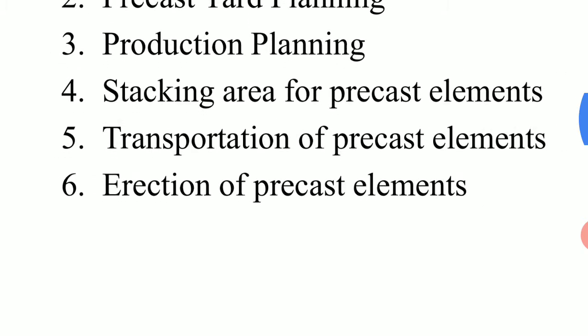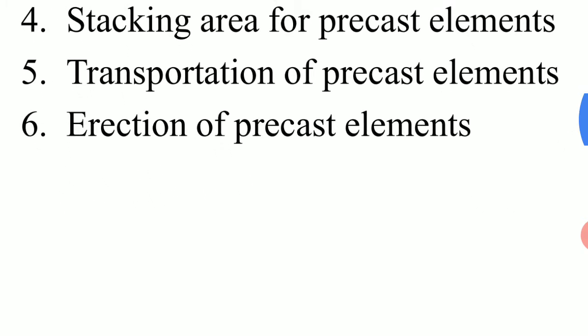And then the fourth parameter is the stacking area for precast elements. After manufacturing the precast elements, we are going to store them at the required location. It should be on the safest side, because after the manufacturing process we are not going to directly place them at the required location.